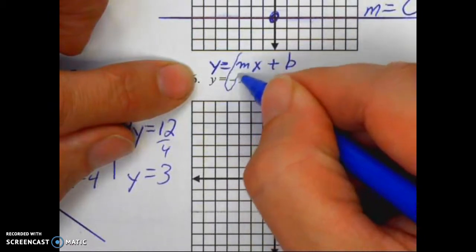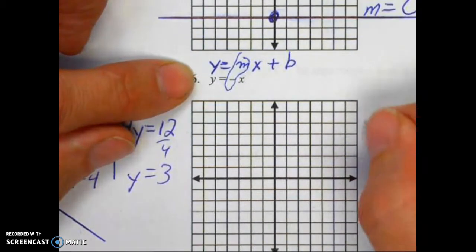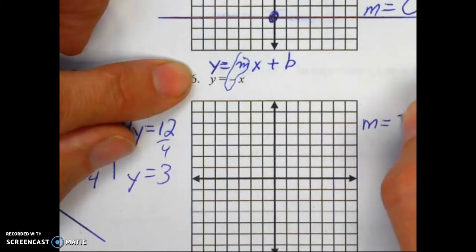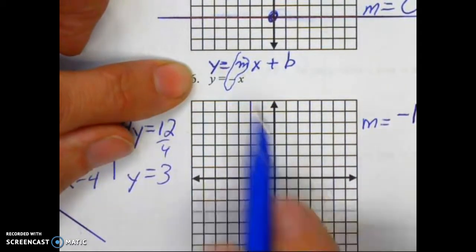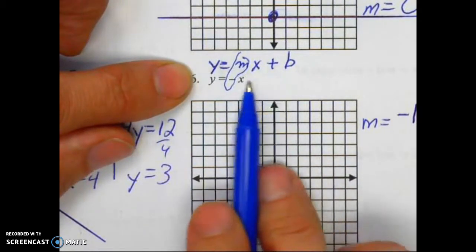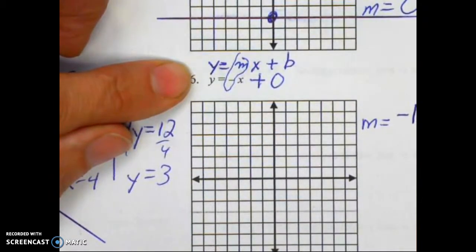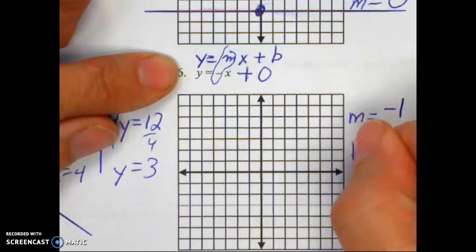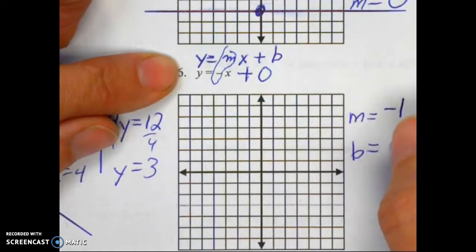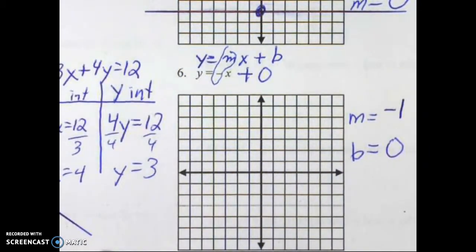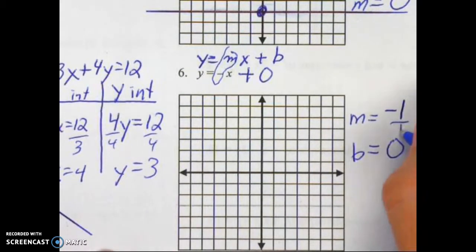That's my slope. So guess what I can put my slope as? -1. Now, what's the only number in the world that we do not show? +0. So guess what my beginning is? My y-intercept is 0. Now remember, slope should look like a fraction, so I can put it over a 1.